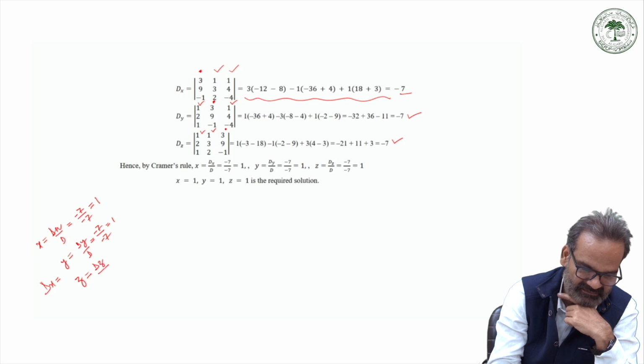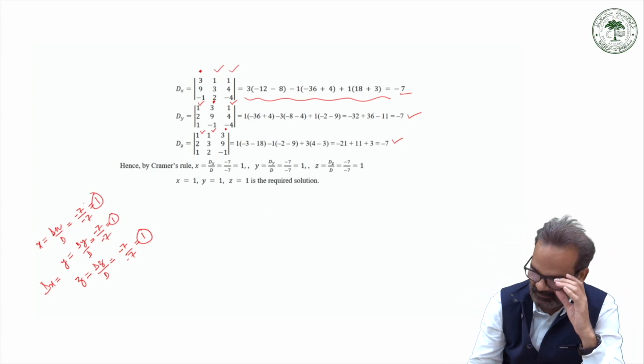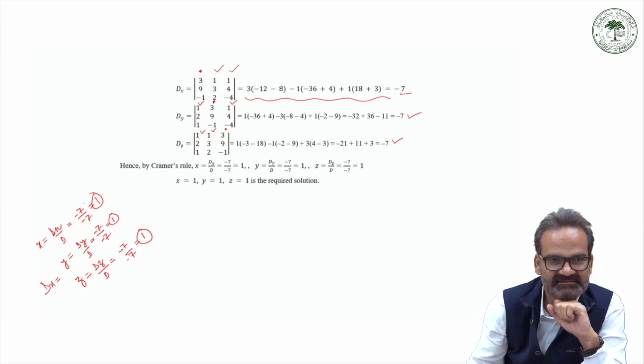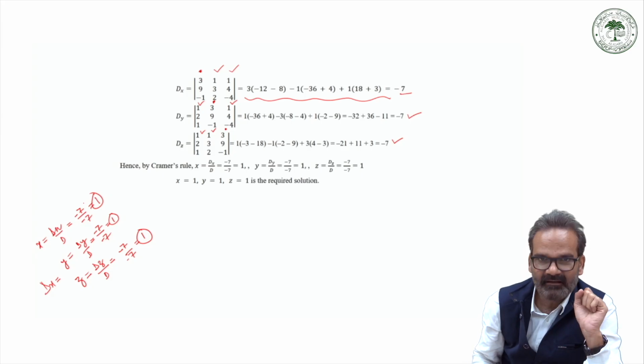Dz divided by D, and this is also minus 7 divided by minus 7, 1. So x, y, z, they all are 1, 1, 1, which is considered as the solution of the given system of 3 linear equations in 3 variables.